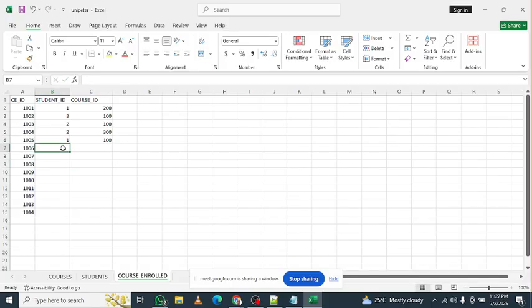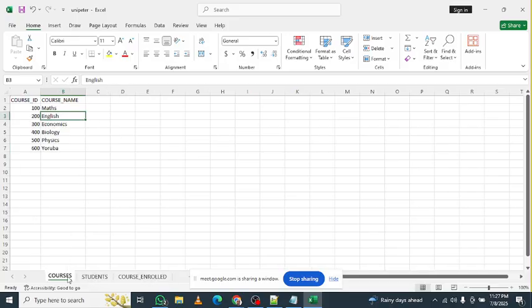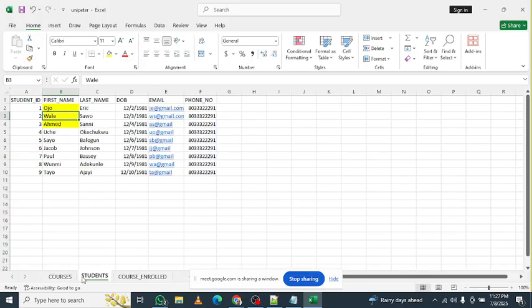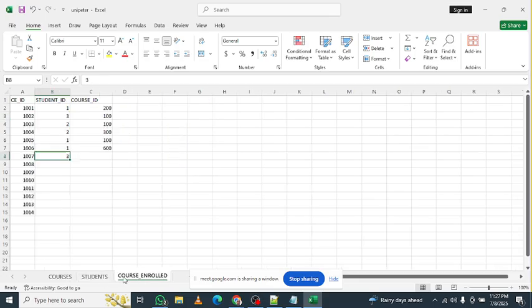Now, the same Ojo also enrolls for maybe Yoruba. Yoruba should be 600. He's doing Yoruba, right? And this person with ID 3, Ahmed, also enrolls for, Ahmed is not doing Yoruba.